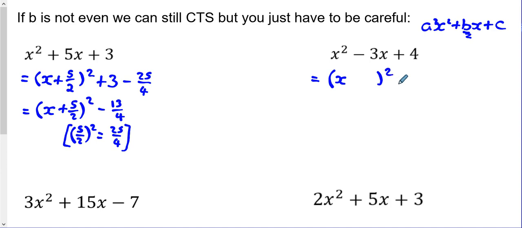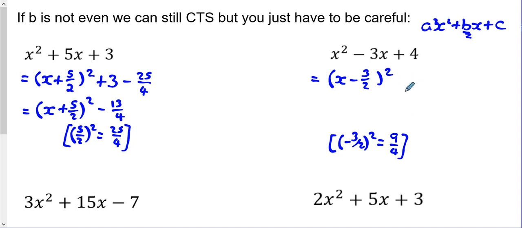Okay, so same thing here. Half this coefficient, negative 3 over 2. We're going to have to think, right, what's that squared? Give us a positive 9 over 4.